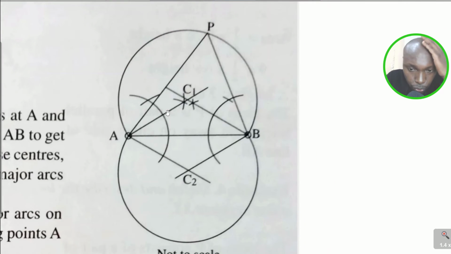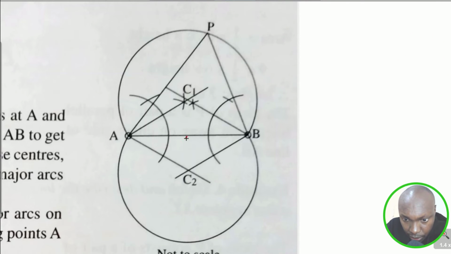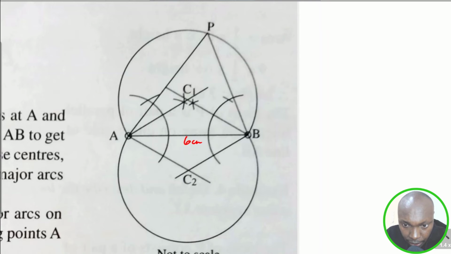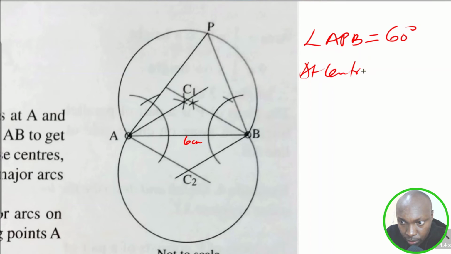You start by drawing this line AB, which is 6 centimeters. Then since you have angle APB is equal to 60 degrees, that is the angle at the circumference, you automatically know that the angle at the center will be twice that.